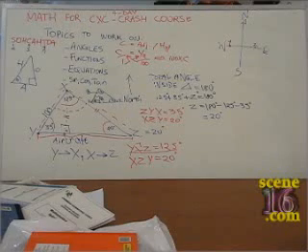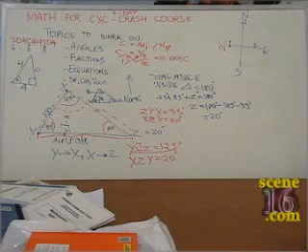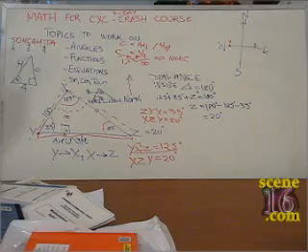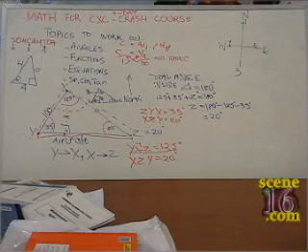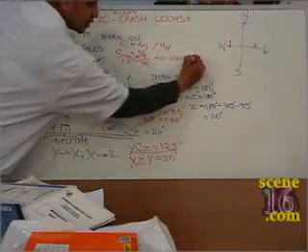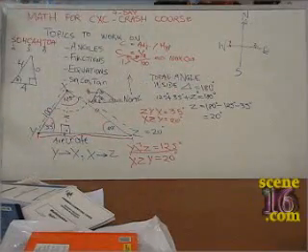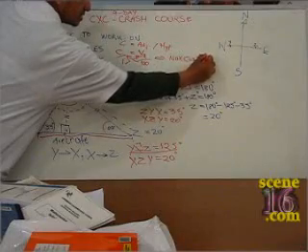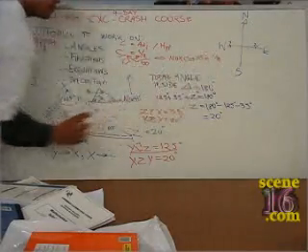You would say cosine 35 is equal to YA over 100, and then you cross multiply. The C right now represents cosine 35, so if you want to fill it in right away, you can. 100 multiplied by cos 35 is equal to YA.